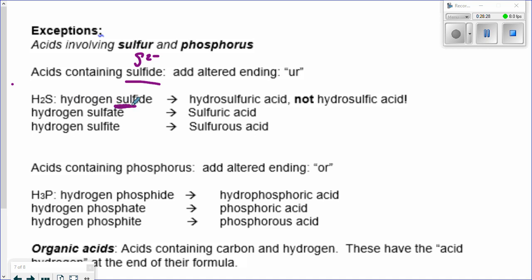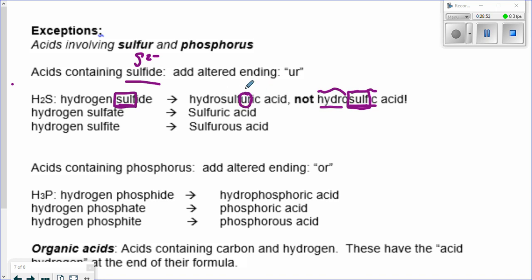The part that was blanked out with the dashes is sulf. So we actually wouldn't name it hydrosulfic acid. Again, this ic and this hydro are always the same, but that sulf came from sulfur. So the way we name it is we add back in the U and the R of sulfur.